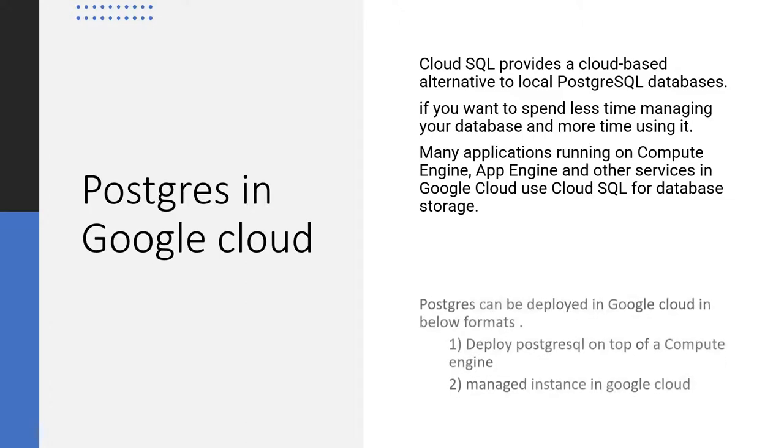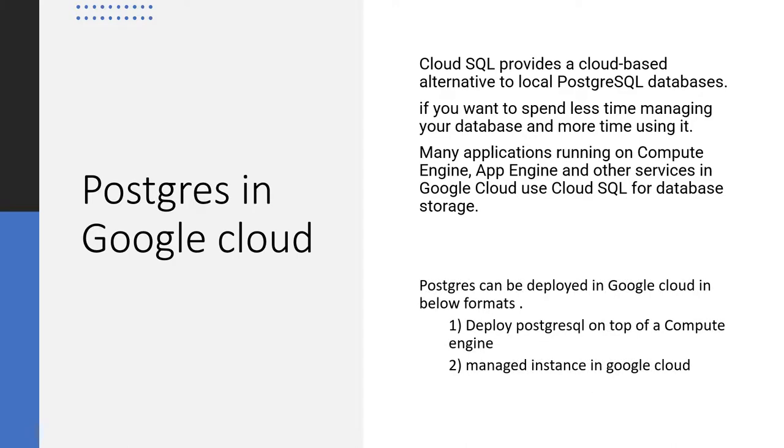And due to this, it comes in two varieties for PostgreSQL. One is infrastructure as a service. That means you can deploy PostgreSQL on a virtual machine in Google Cloud. Second, Google Cloud provides you the managed instance of PostgreSQL. So in short, Google offers you two options.